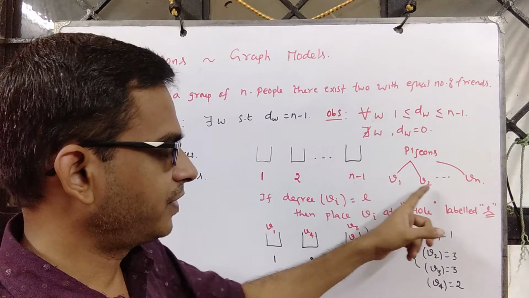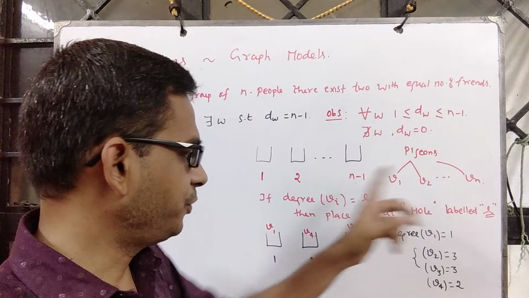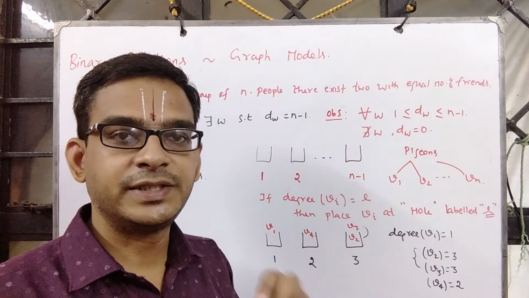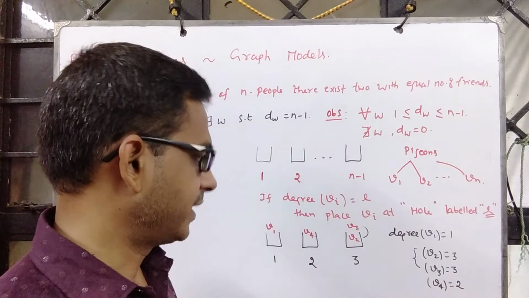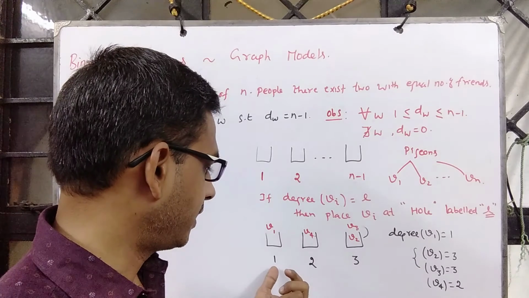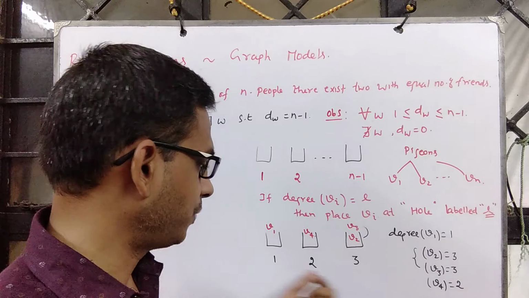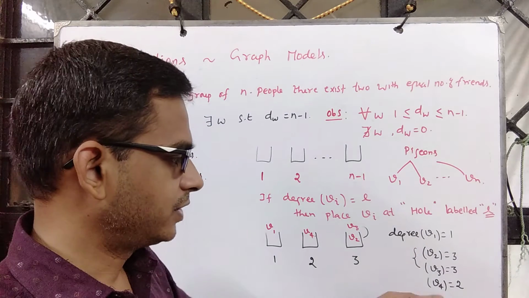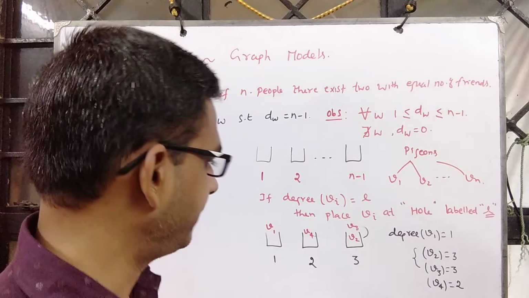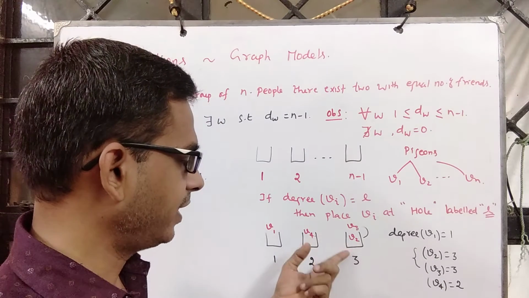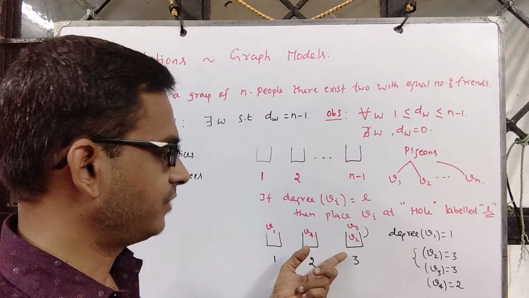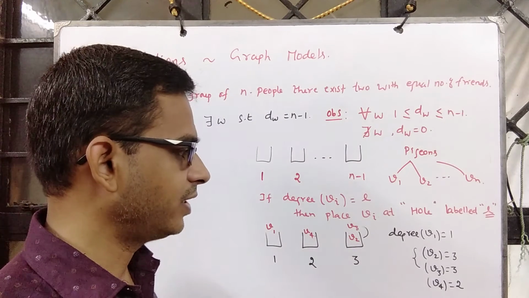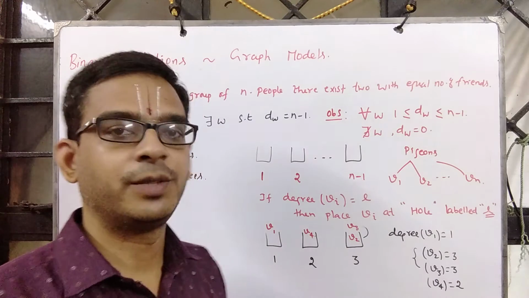If degree of Vi is L, then you place Vi onto the hole which is labeled L. For example, if the pigeonholes represent 1, 2, 3, and pigeons are V1, V2, V3, V4, suppose for this example, you see that V2 and V3 are placed in this, which means these 2 vertices have equal degree, or these 2 persons have equal number of friends.